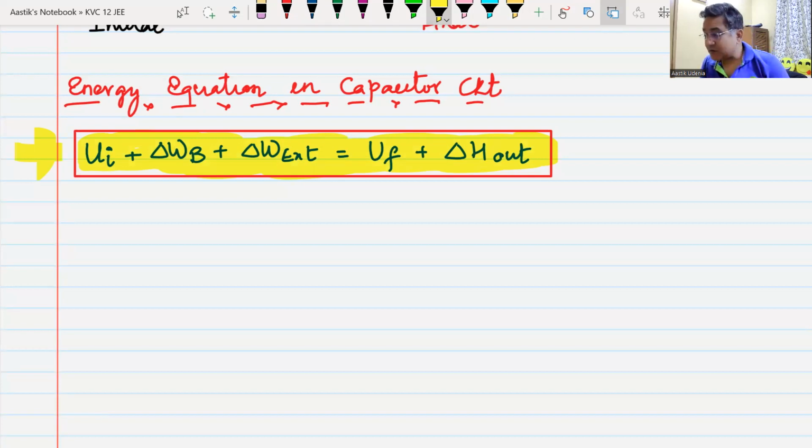Okay. Now this is the equation that you have. This question had two more questions. What were those two more questions?